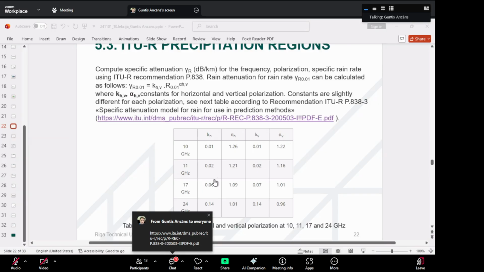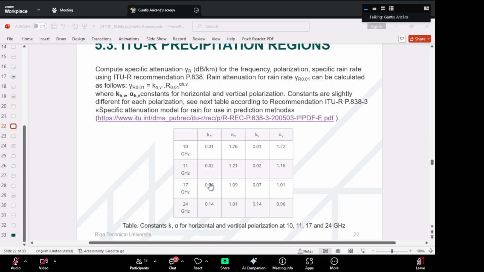Here are some examples of constants, k for horizontal and vertical polarization at some frequency bands: 10 gigahertz, 11, 17, 24 gigahertz.